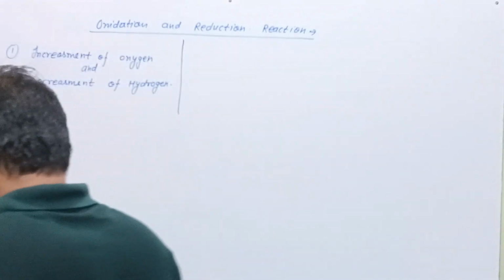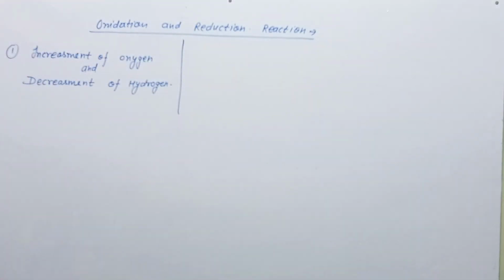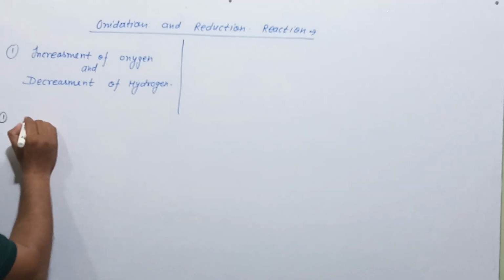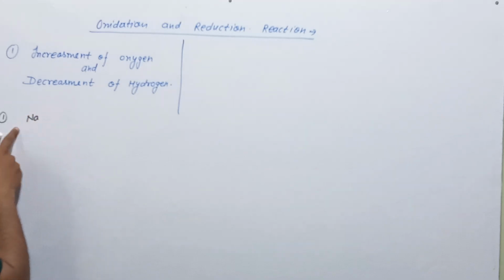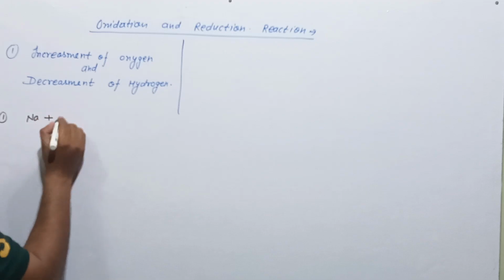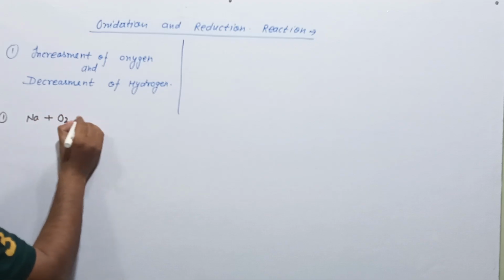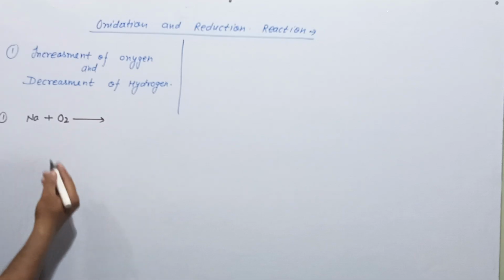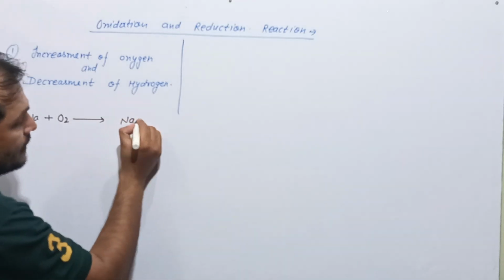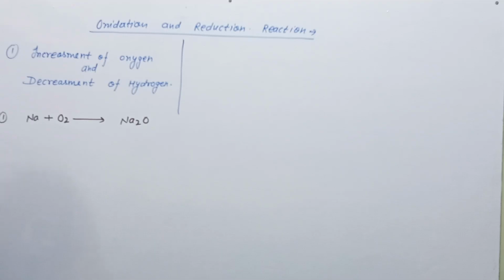For example, we take the example of sodium. If the element sodium comes in contact with oxygen, it produces the product sodium oxide, Na2O.